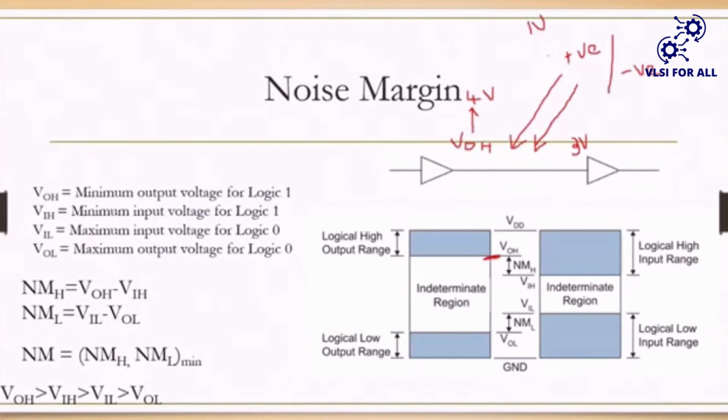Then the driven element is in a dilemma. What they told us is more than 4 volts is logic 1. But I got 3 volts now. Okay, take it as a logic 0, or it is a prohibited, intermediate, indeterminate region. No, the cell has some noise margin, for example 1.5 volts.